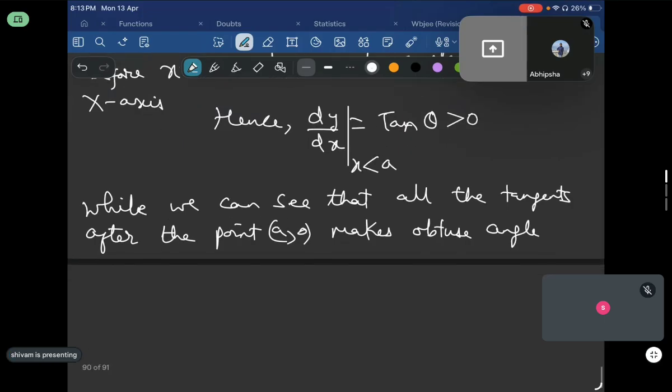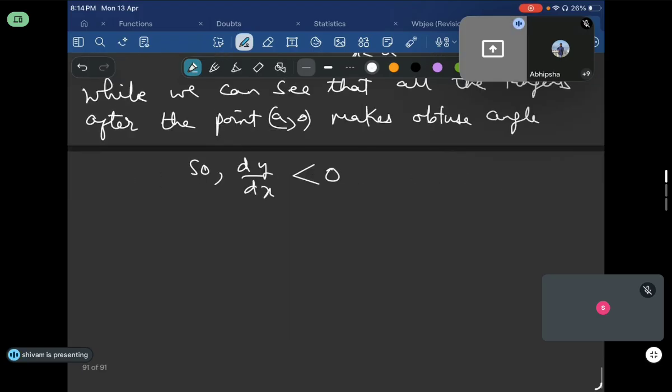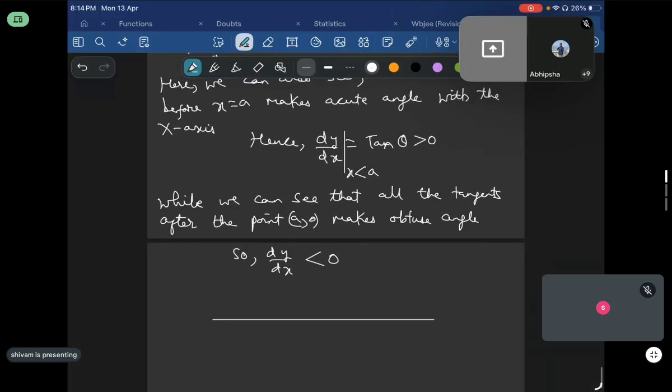Okay. So dy by dx will be less than 0. So we can observe a sign change in dy by dx around a. The sign is changing from positive to negative.